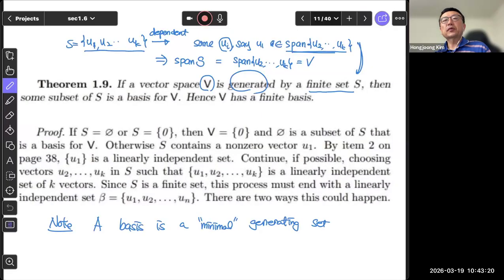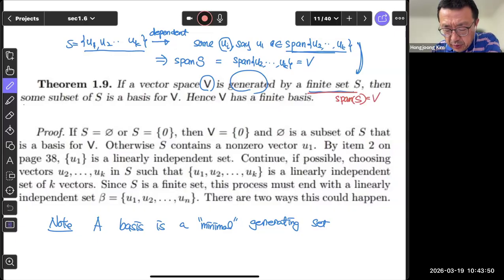In 1.9, if a vector space V is generated by a finite set S, so the span of S equals V, in that case some subset will be a basis. Now, why is it so?